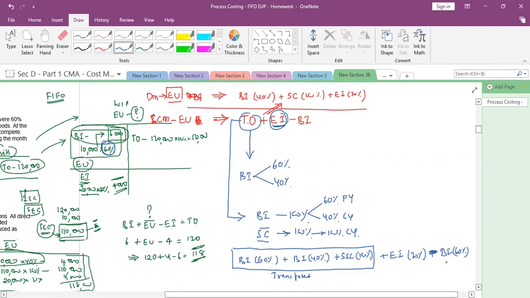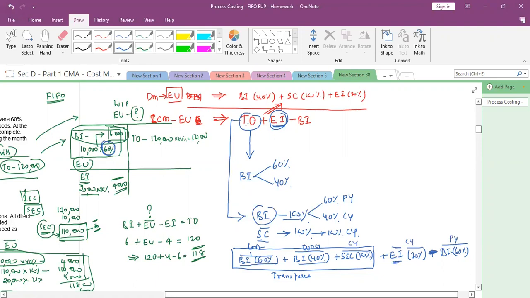Rahnuma, are you following me? Yes, sir. So this transferred out is nothing but beginning inventory 100%, started and completed 100%. I am writing beginning inventory, work done in the last year, beginning inventory 40%, work done in the current year, started and completed in the current year, ending inventory also current year. Beginning inventory is past year, correct?